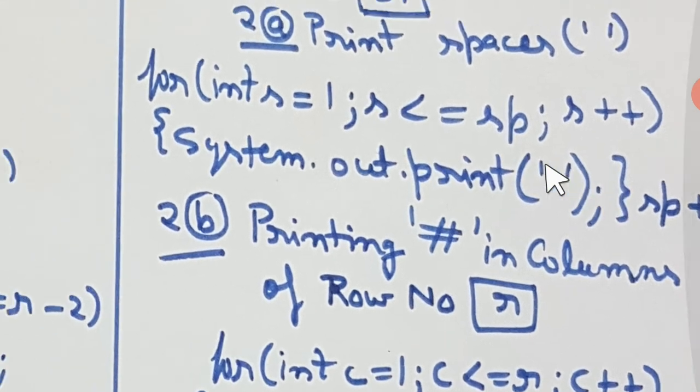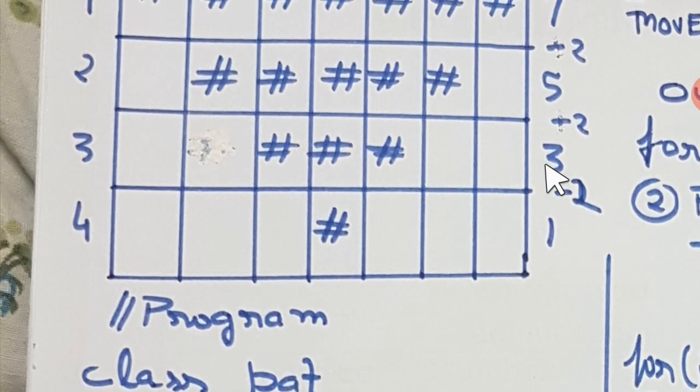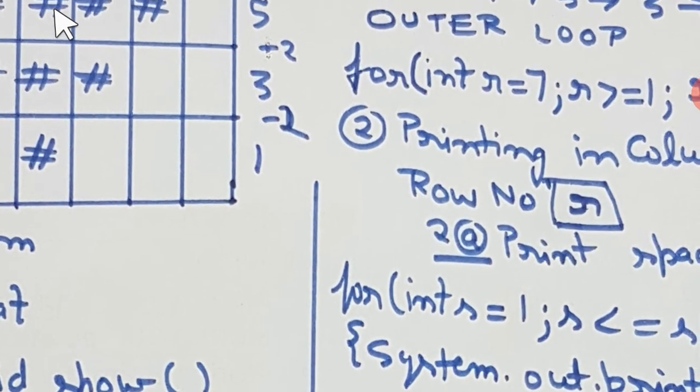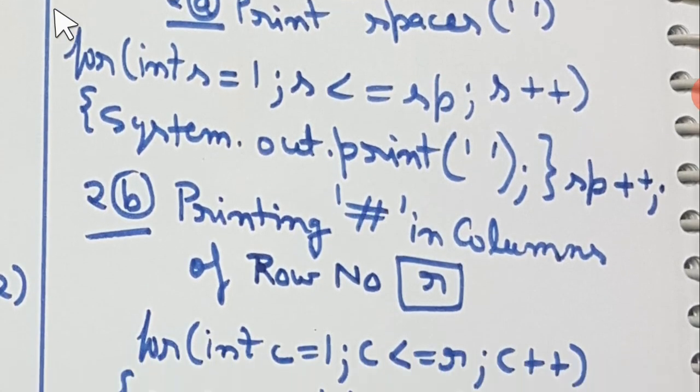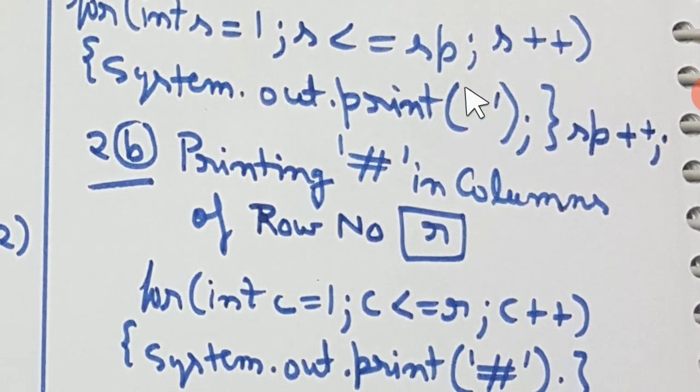After that, you observe the pattern here. The spaces are being increased every time, so that we could get this kind of shape. That is why sp, which was earlier 15, will be increased by 1. So after printing these spaces, outside this space loop we write sp plus plus. It's very, very important.